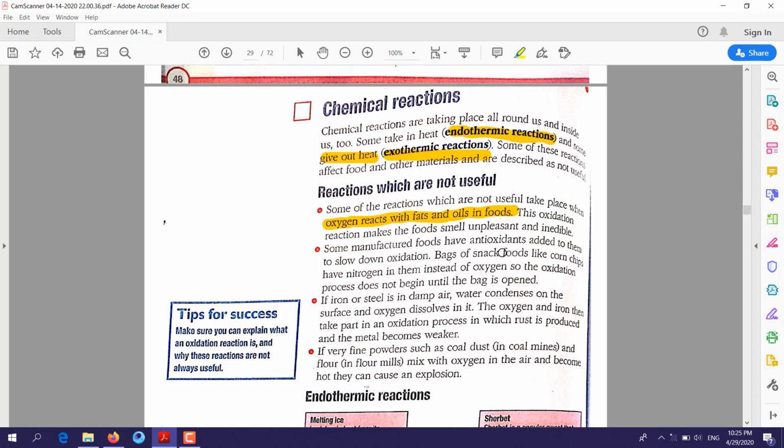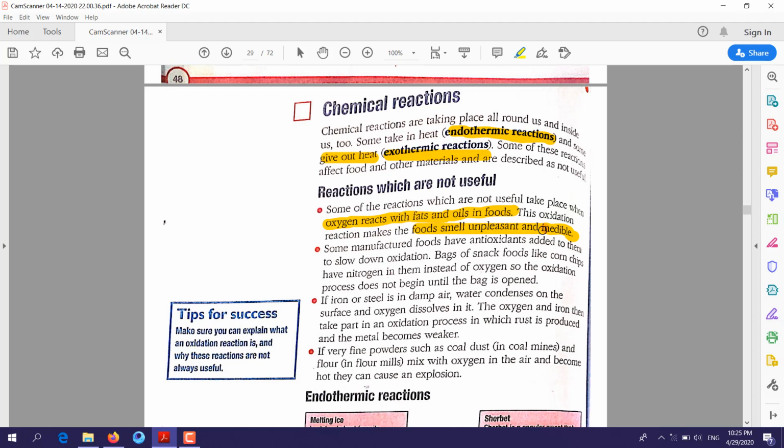What do you mean by oxidation reaction? It is a chemical reaction that involves oxygen. When this oxidation reaction happens, it makes the food smell unpleasant and inedible. So we will not be able to eat this food anymore.